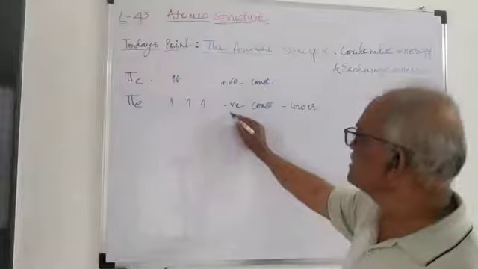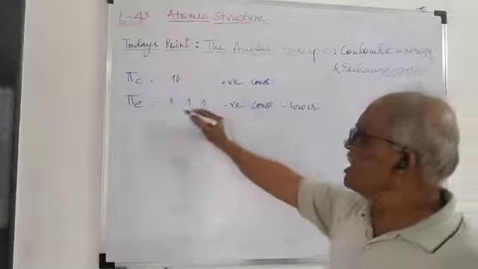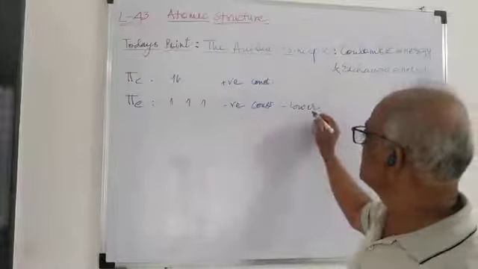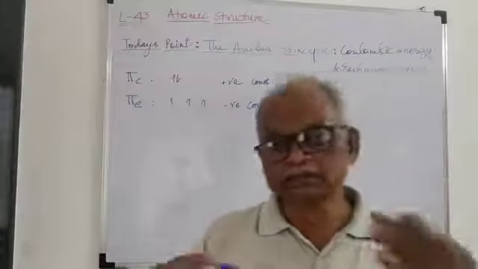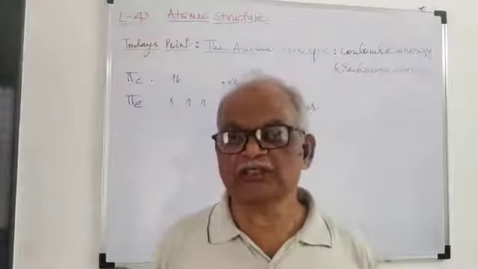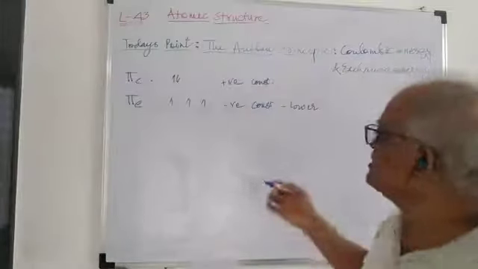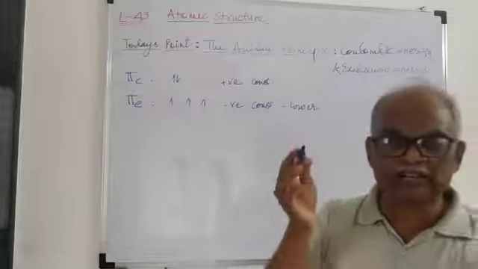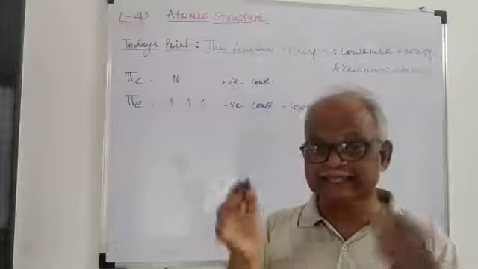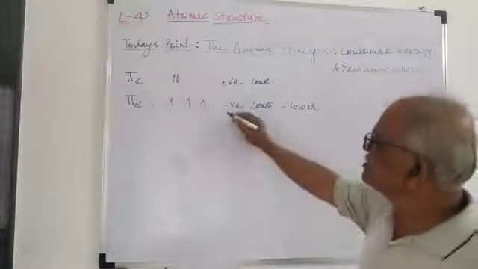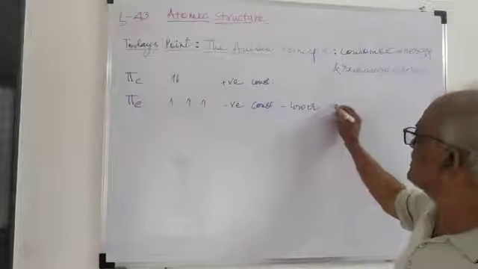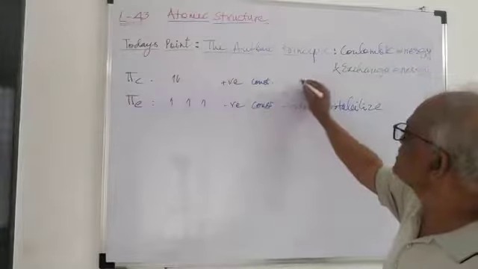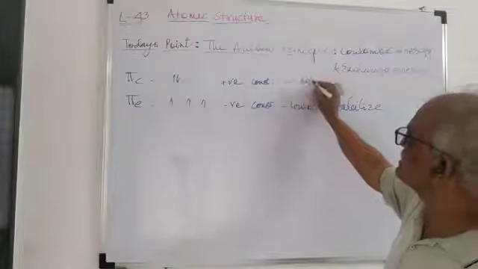It is negative, and therefore more exchanges will give a more negative contribution of exchange energy, and because of this, the energy of the system will decrease. So this will help to stabilize the atom, and the other will help to destabilize the structure.